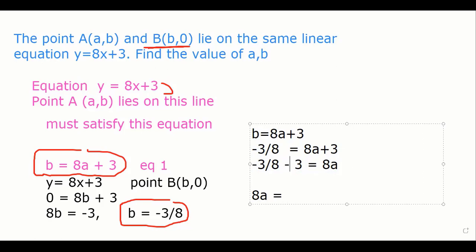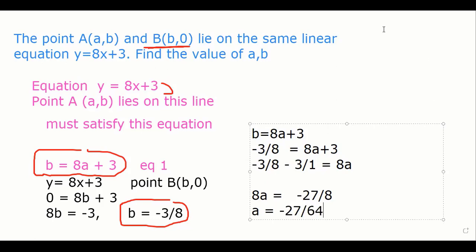Do the fraction addition. You will get minus 3 minus 24 over 8, that is minus 27 by 8, so A equal to minus 27 by 64. Dhruvansh, this is your second question.